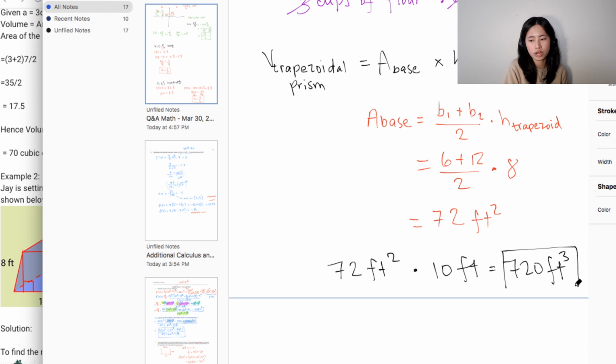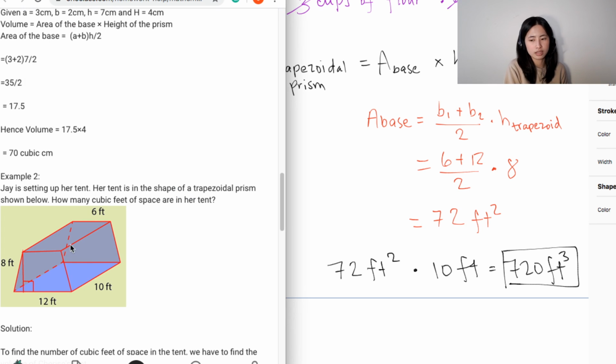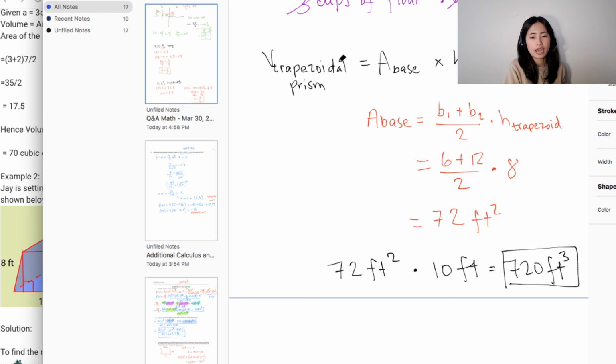Therefore, you know that the volume of your trapezoidal prism is going to be 720 cubic feet. In order to find the volume of your trapezoidal prism, because anytime it's a prism, it's 3D, you're going to find the area of your base, or the area of your trapezoid, times the height of your prism.